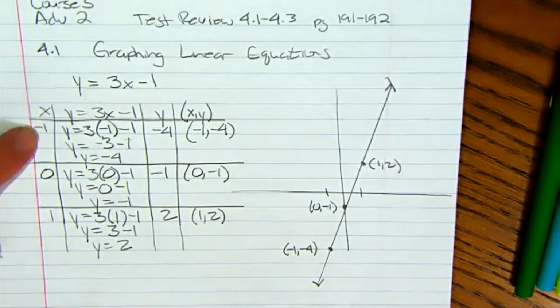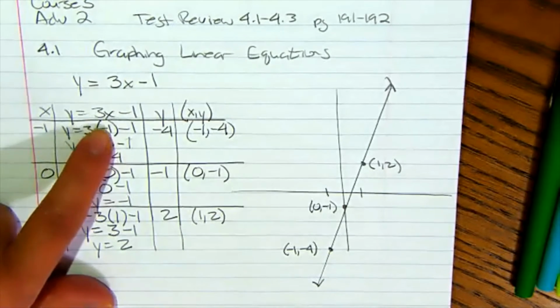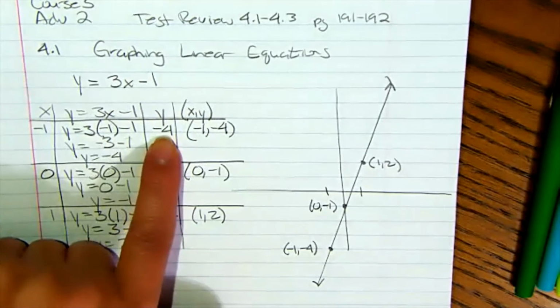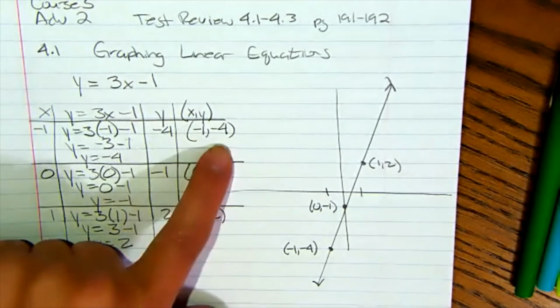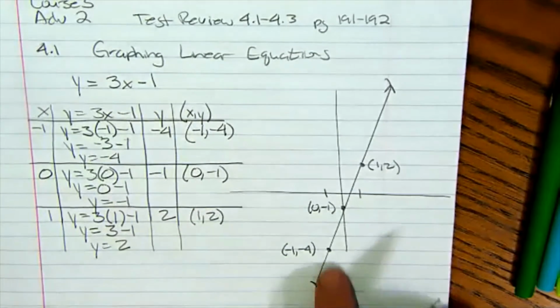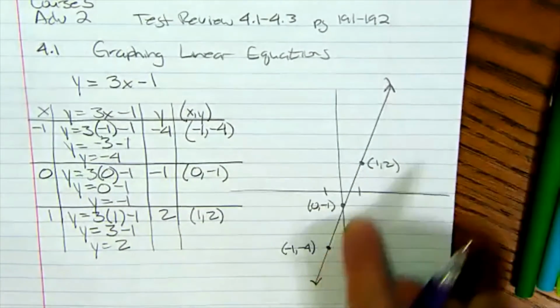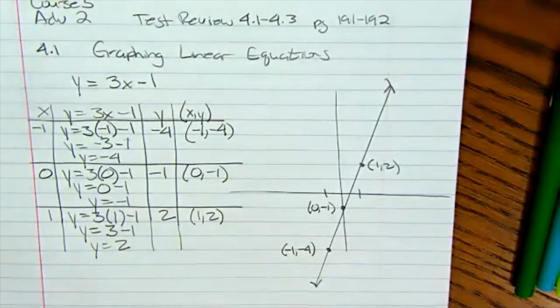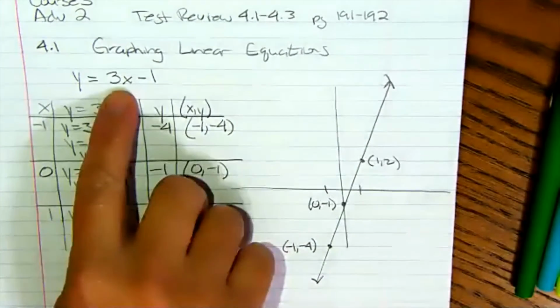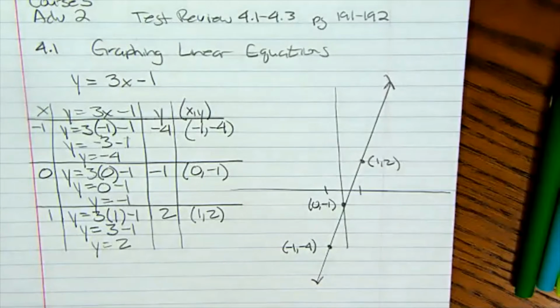Then I'm going to substitute that number for x and solve the equation. It will spit out my y, and then there's my ordered pair. Once I have my 3 ordered pairs, I can plot those points and connect them. I have now graphed this linear equation.